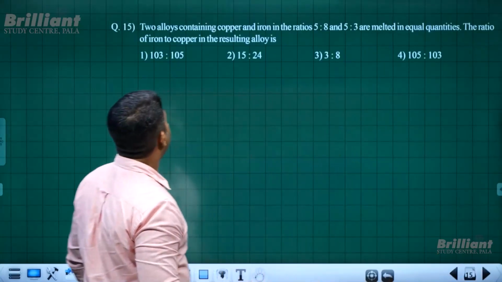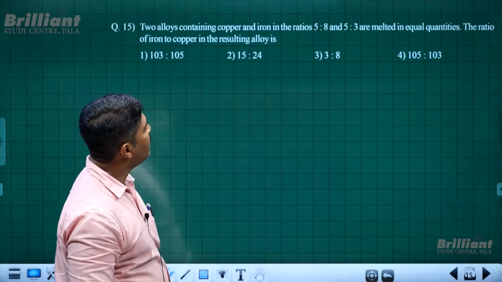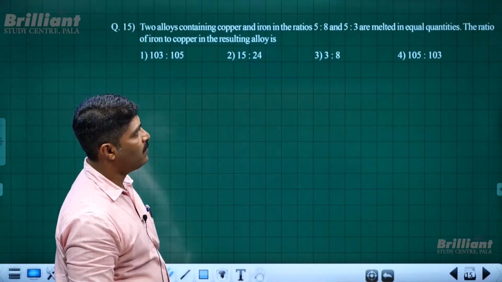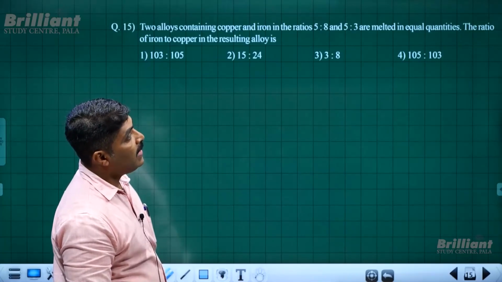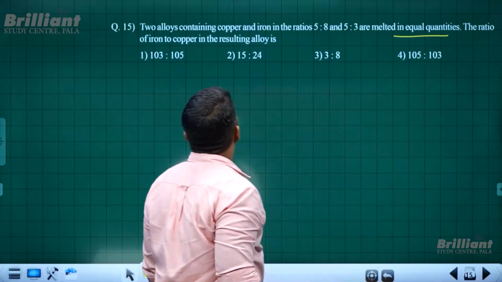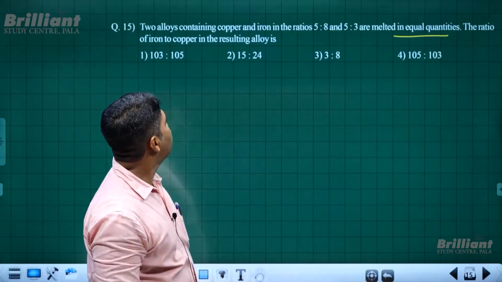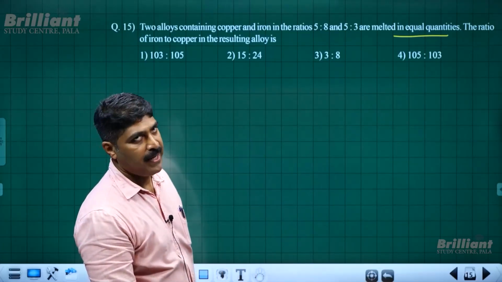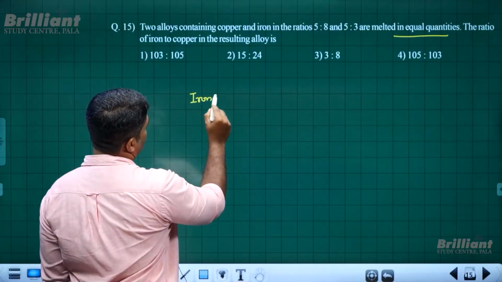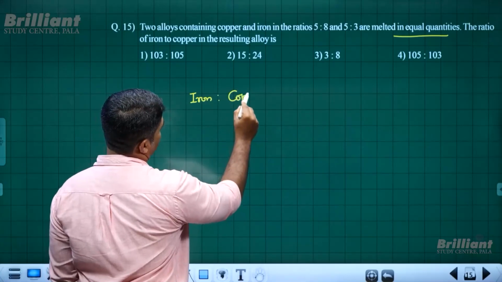The next question. Two alloys containing copper and iron in the ratio 5:8 and 5:3 are melted in equal quantities. That's a very important point, equal quantities. Find the ratio of iron to copper in the resulting alloy. So here it is iron to copper.